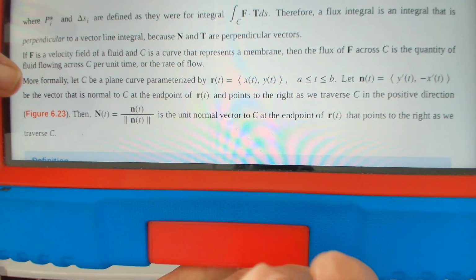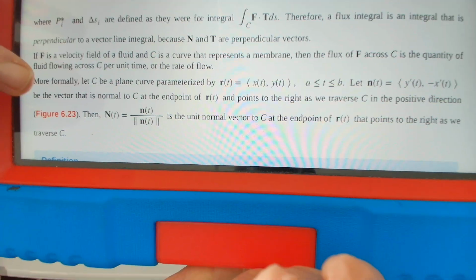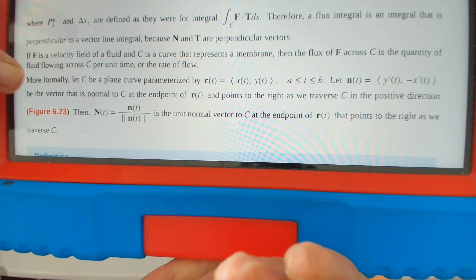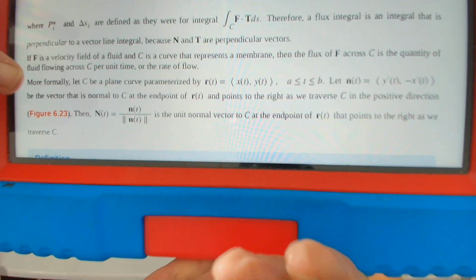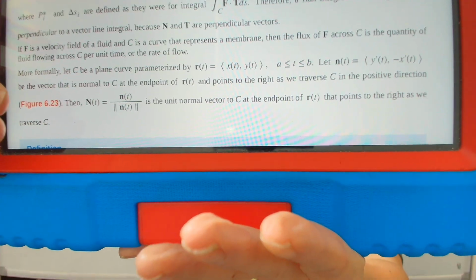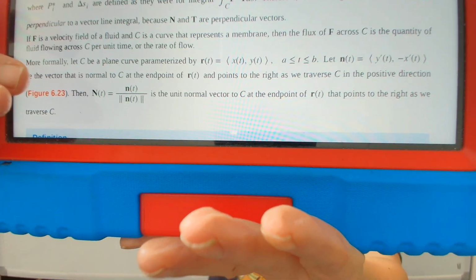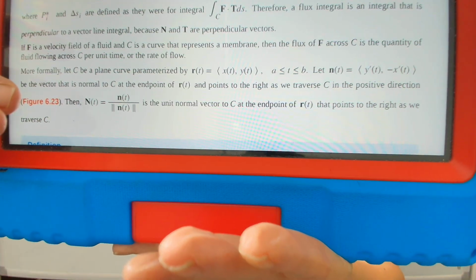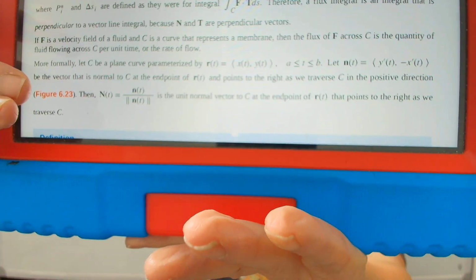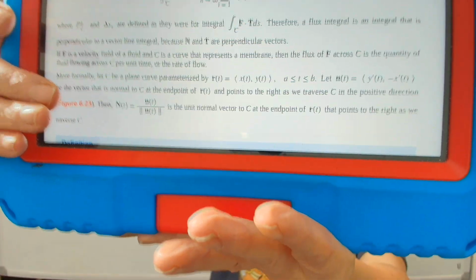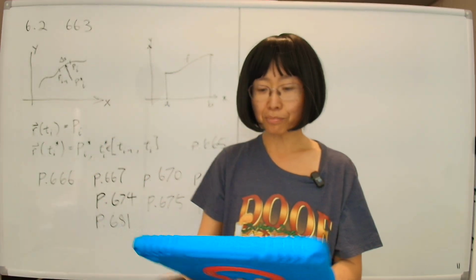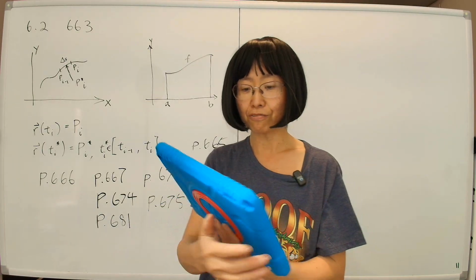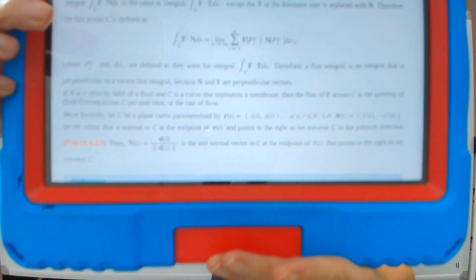So if R(t) is (x(t), y(t)), the normal is simply (y'(t), -x'(t)). Don't forget to take the derivative, of course. And then the unit normal is you take that normal and divide by its magnitude. That gives you the unit normal, and then you can fit it into your formula for flux.